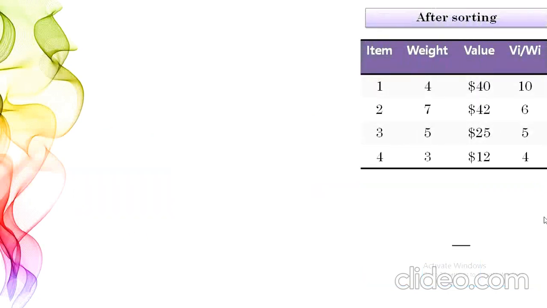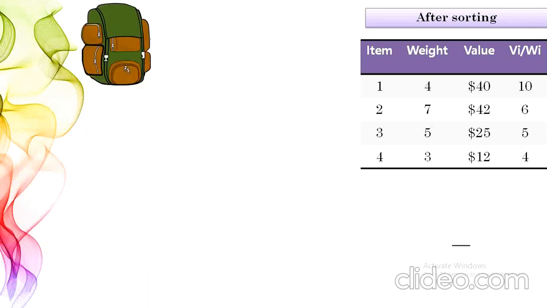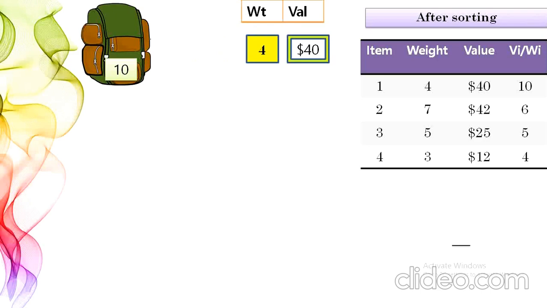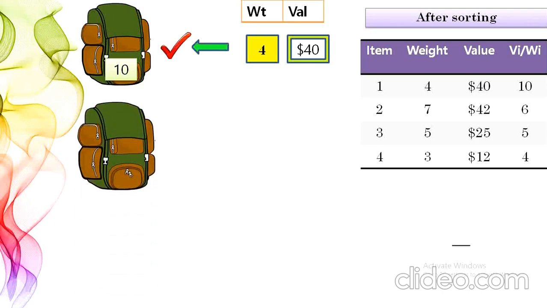Totally we have 4 items with corresponding weights and values. Take the first item and load it into the knapsack bag. The weight of the first item is 4 and the value is 40, no problem. 10 is greater than 4, so we can load the first item and go to the next item.